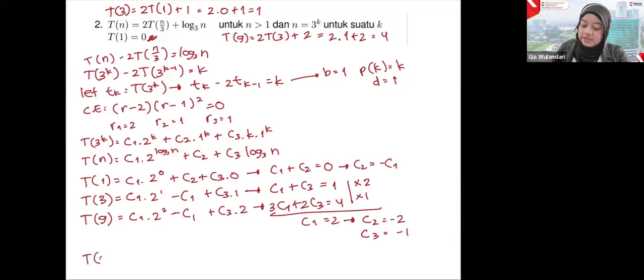So we have Tn is equal to 2 times 2 log 3n minus 2 and minus log 3n, like this.